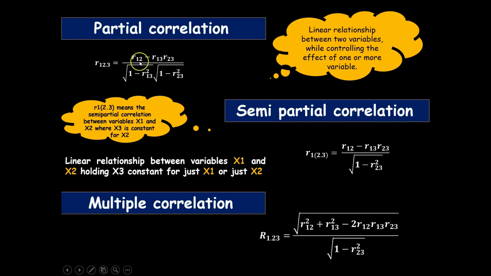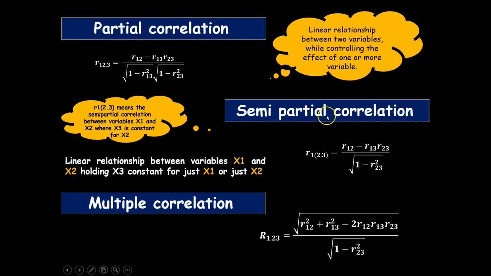This is the correlation between first and second, this is the correlation between first and third, and this is the correlation between second and third. So if we have three variables and know the correlations between all three, we can get the partial correlation also.